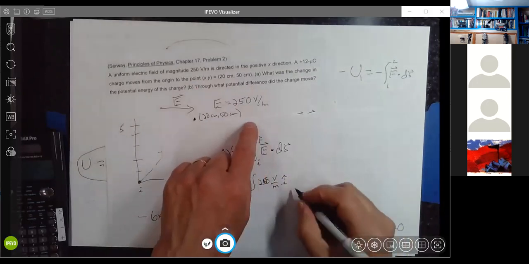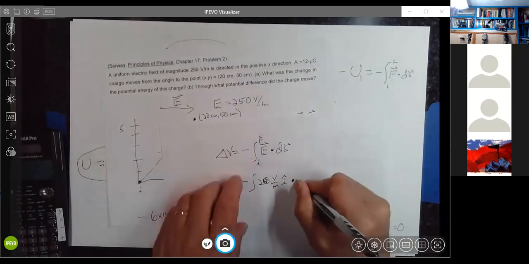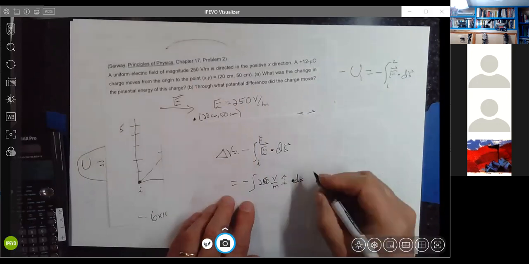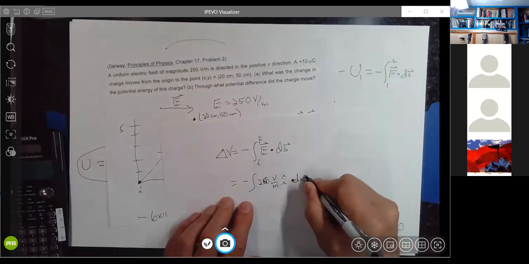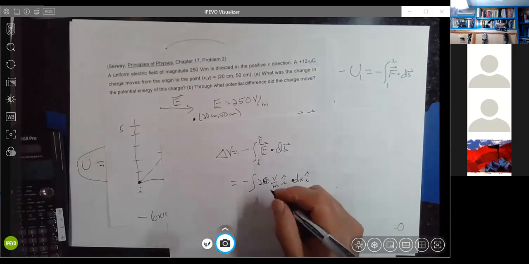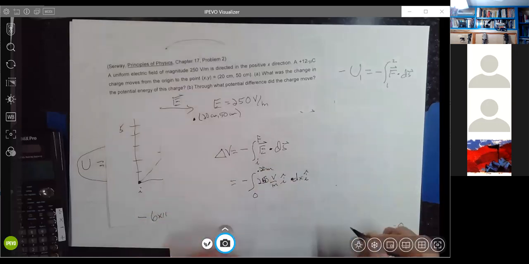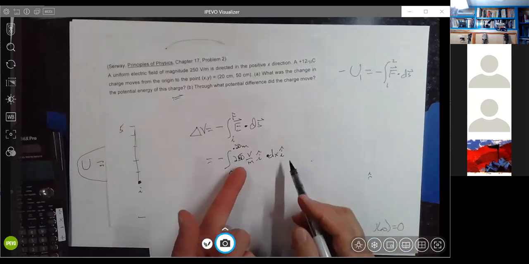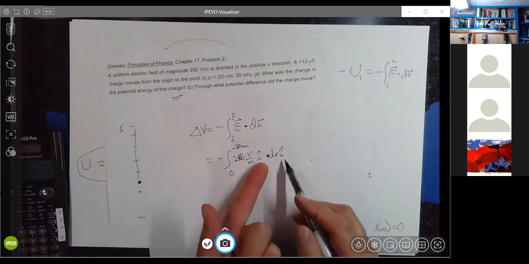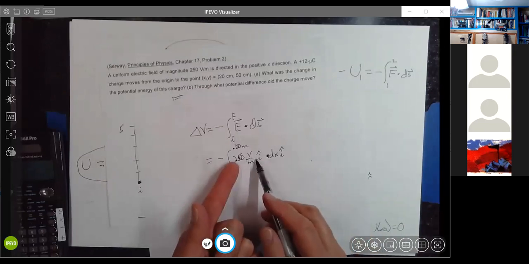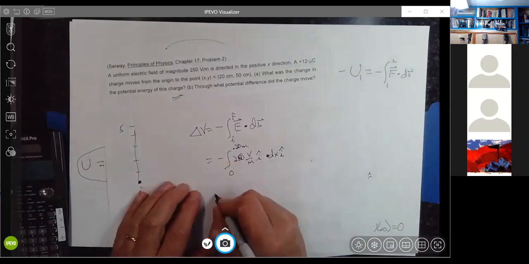My ds, I'm going to be dotting that with dx, which is also in the I hat direction. And then I'm going to be going from 0 to 0.20 meters. If I take care of stuff inside this integral, I'll have I hat dot I hat, which is 1. 250 volts per meter is a constant that can come outside.